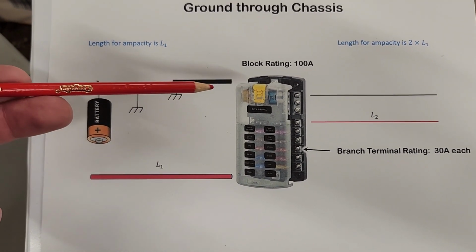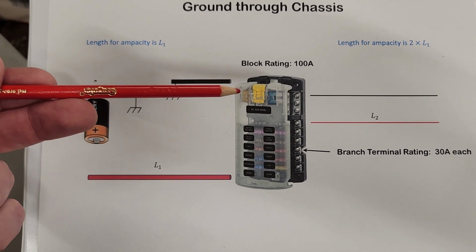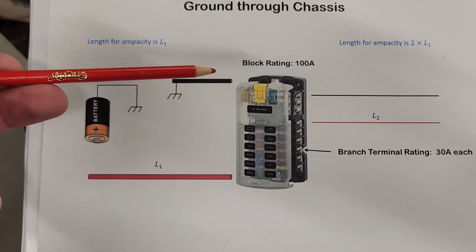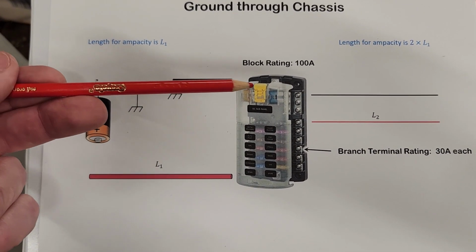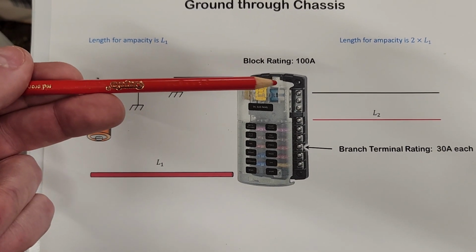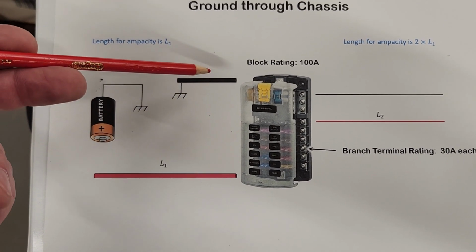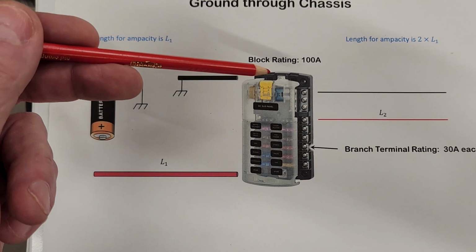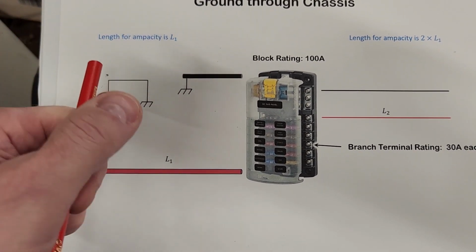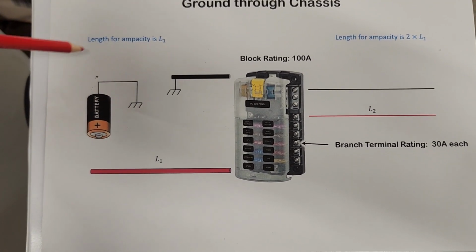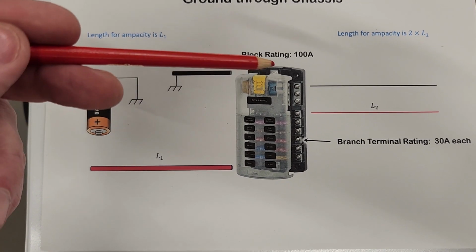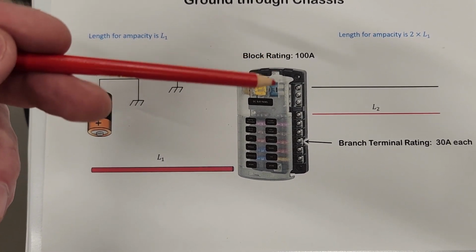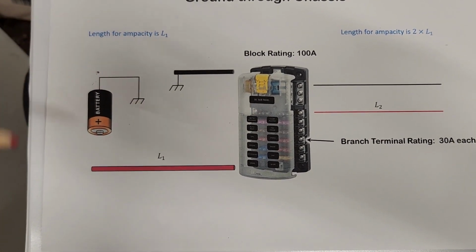And the nice thing about 6 gauge wire is the Blue Sea fuse blocks, you can fit them in through the side to get to the terminal studs. If you go up to 4 or larger wire, you have to come in from the top, and that may not look as clean. But that's how I do it. I usually look at the fuse rating of the block and then size the wire to that.